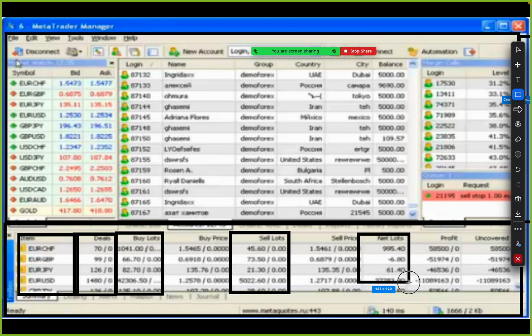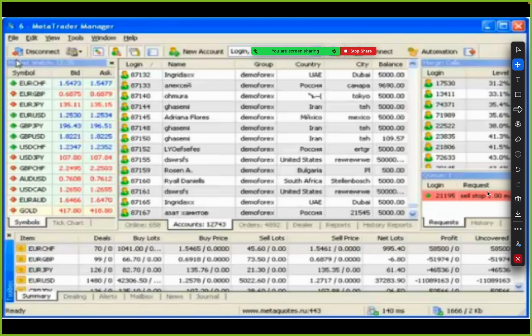The net amount of lots that have been exposed in the market, and of course now their covered profit and loss. These are all very important numbers, and that's why they're all displayed at the same time. Because they need to find a balance between these numbers.